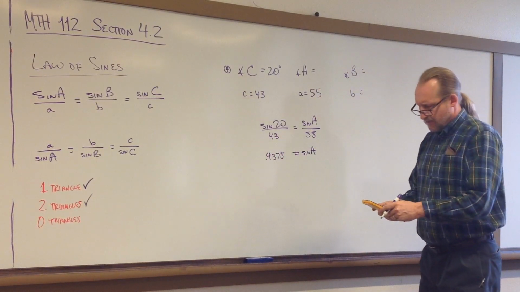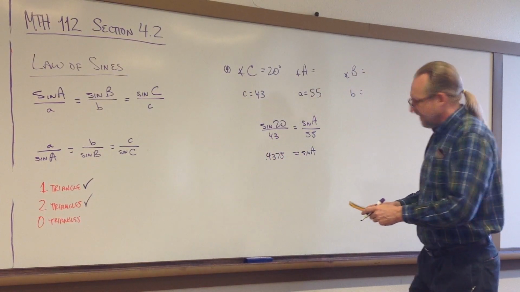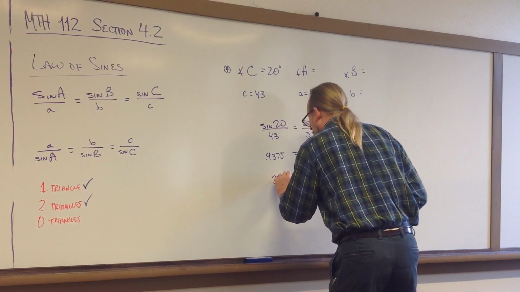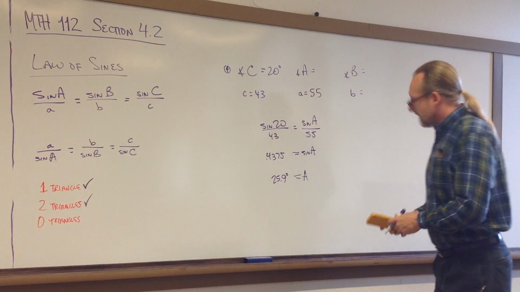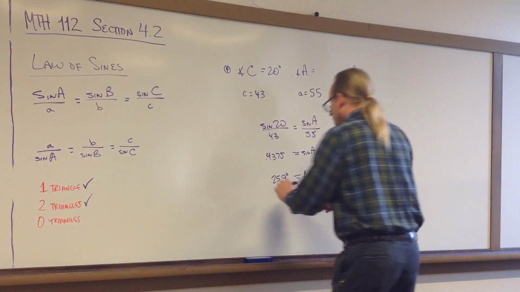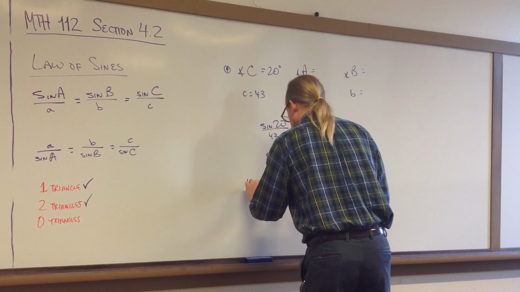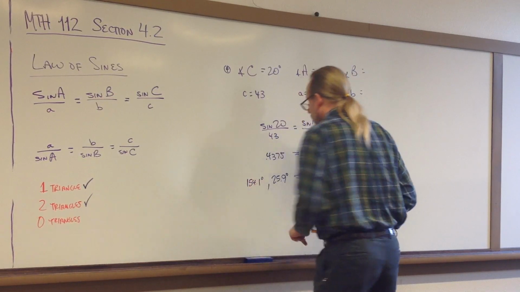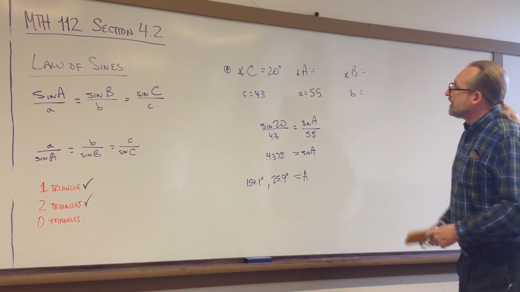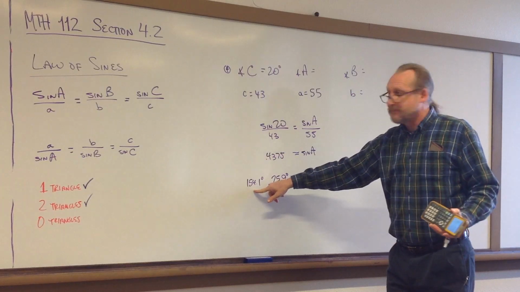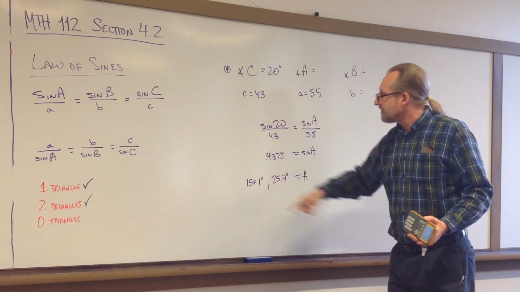And then we'll take the inverse sine there, 25.9 degrees for A. Okay, and then also subtract that from 180. A could also be 154.1 degrees. Okay, let's see, would that fit in a triangle with a 20-degree angle? It would, just barely. This would make 174 degrees.